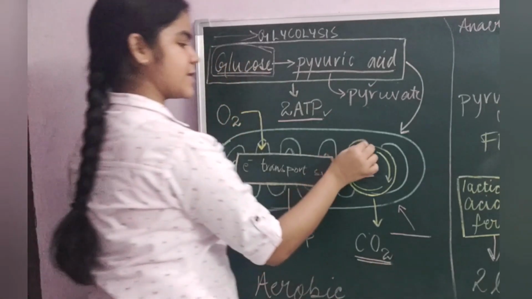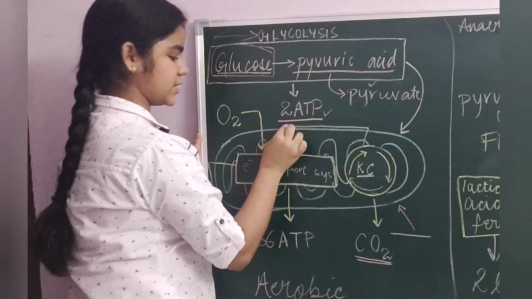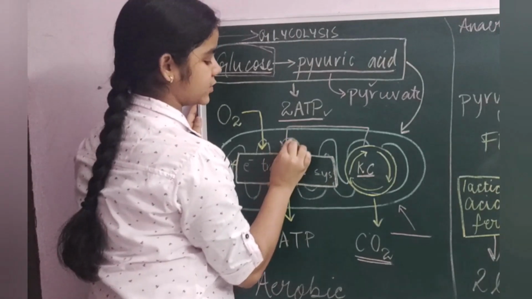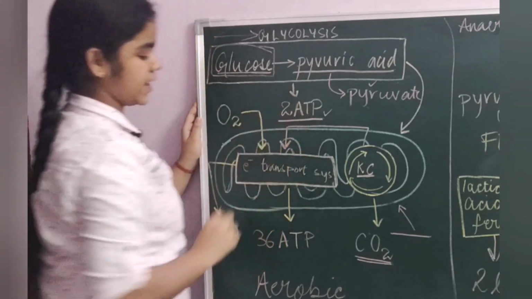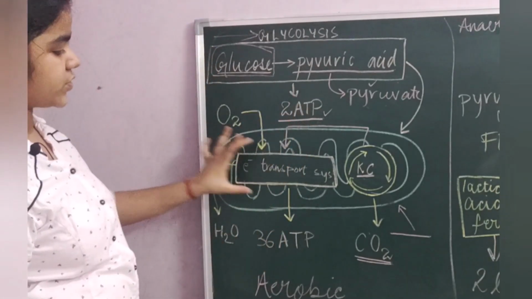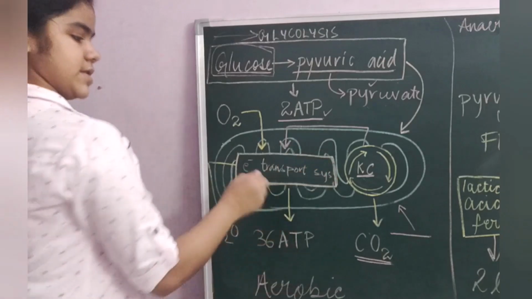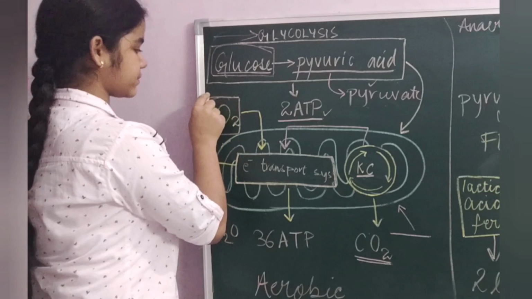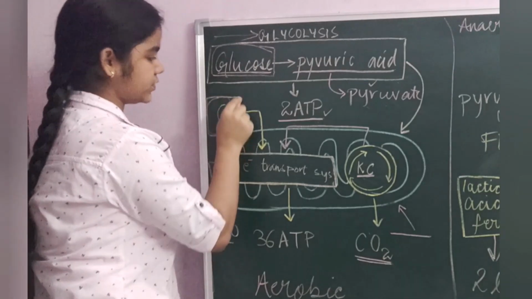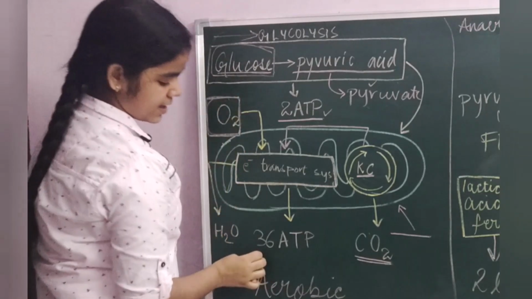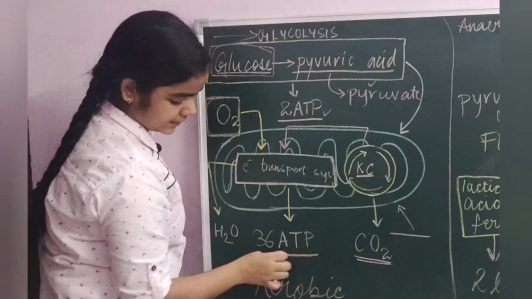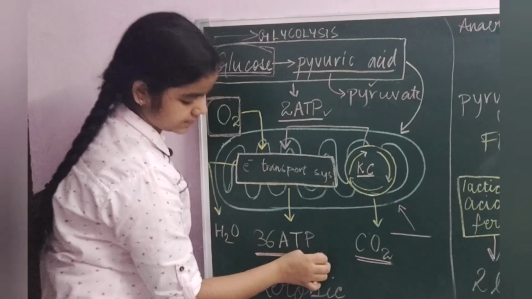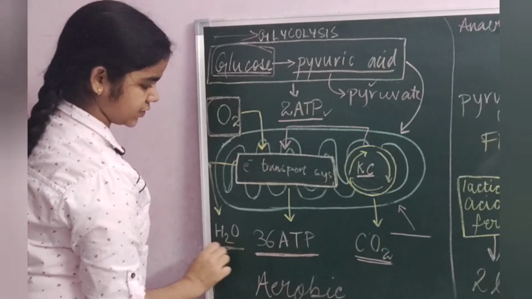Then the chemical energy will be transferred to the electron transport system. When this occurs, it uses oxygen. On using oxygen, 36 ATP is produced. H2O is also produced.